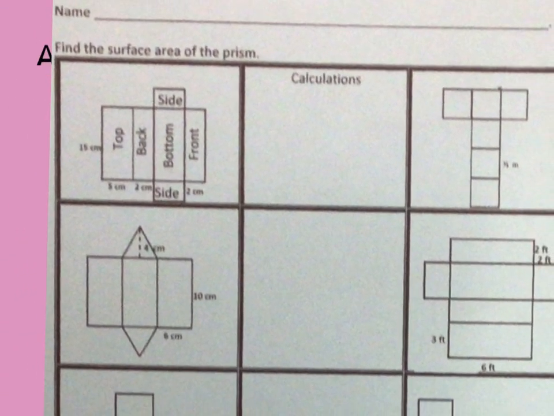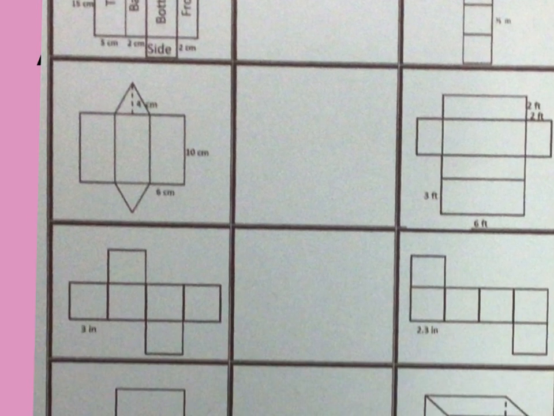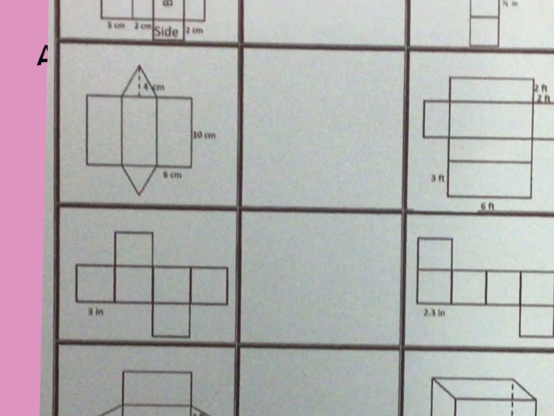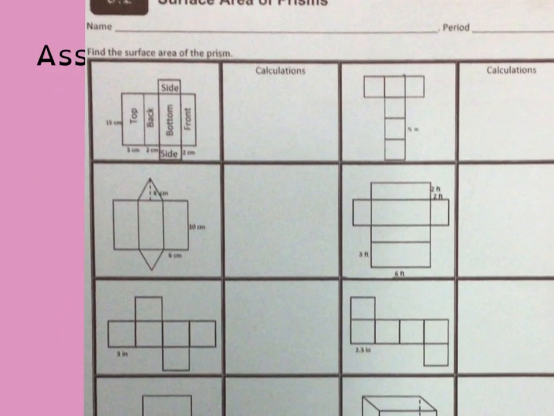Number 1 you're going to do later, number 2, number 3. The ones that are going to be your assignment are this guy, this guy, this guy, and this guy. The rest of them I'm going to do with you. Anything that's got a red circle, I'm not going to do. The ones without a red circle, I'm going to do for you.